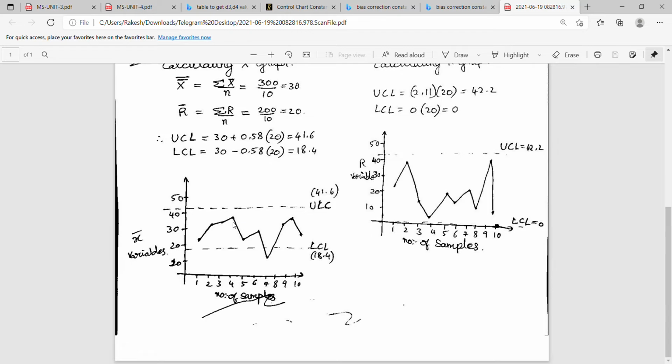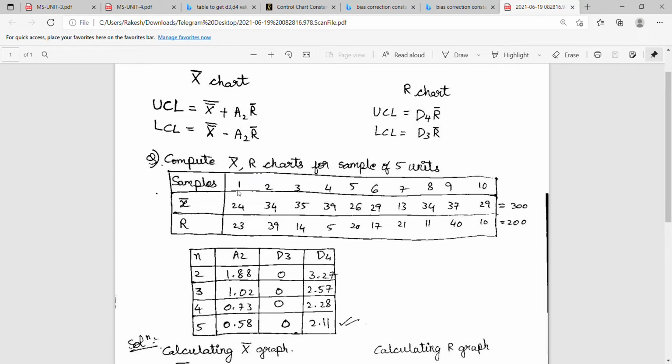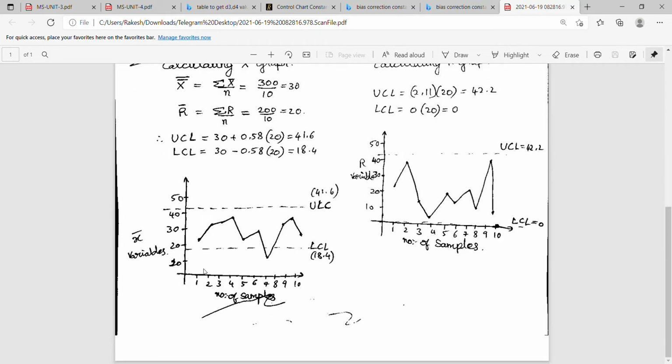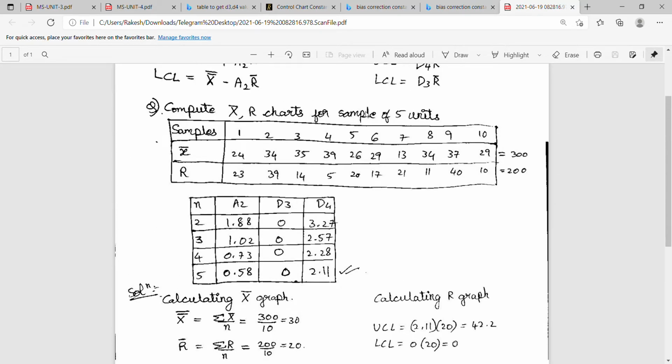Next, how do you draw this graph? Coming to the question, for 1 it is 24, for 2 it is 34, for 3 it is 35.